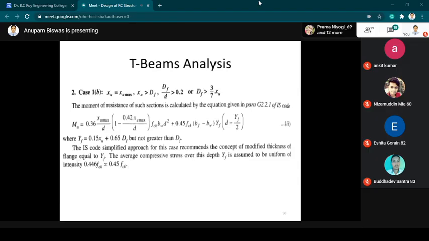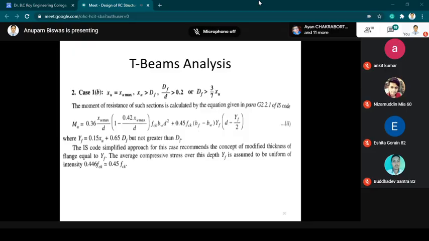The moment of resistance will be, you just multiply with d minus 0.42 xu max for the rectangular section, and for segment 2, the compression in the rectangular section (BF minus BW), you multiply with d minus Df by 2.